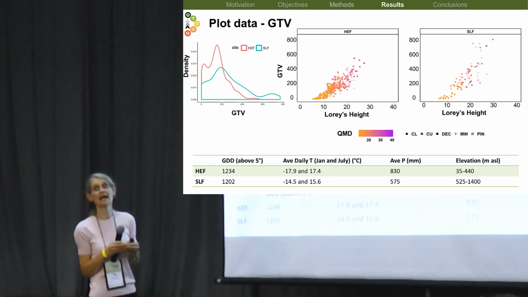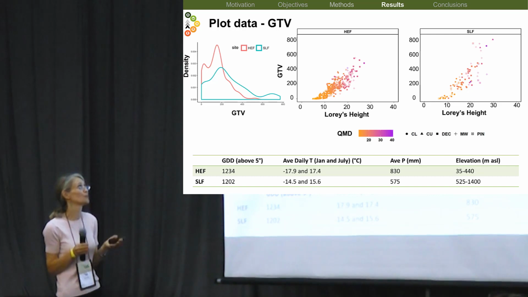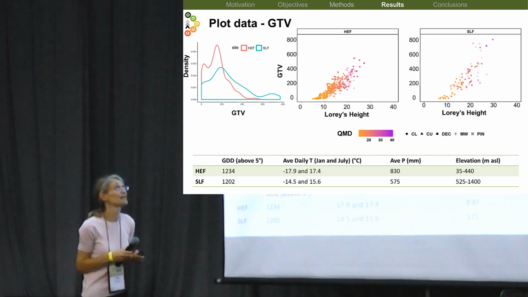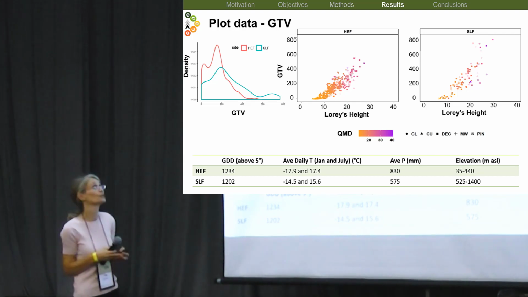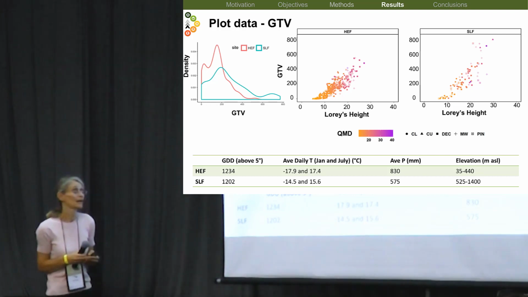We see that when we have plots with a higher Lorey's height, within the 20 and 30 meters, some of these plots in Slave Lake pack a lot more volume than what we see in Hearst.